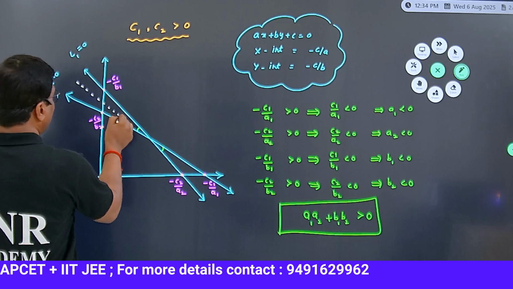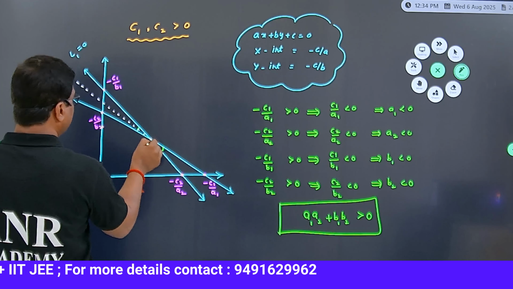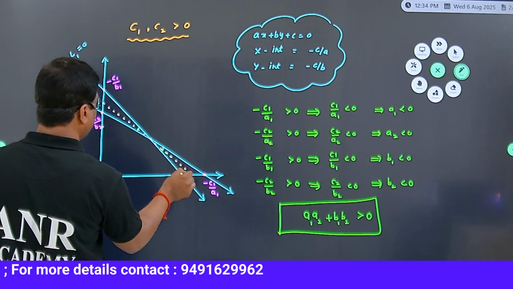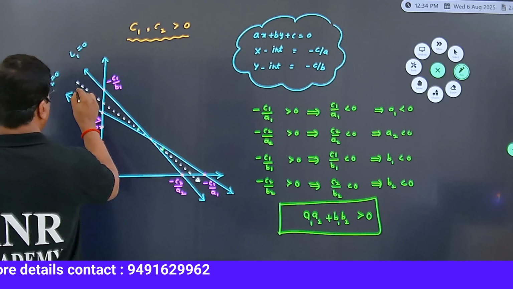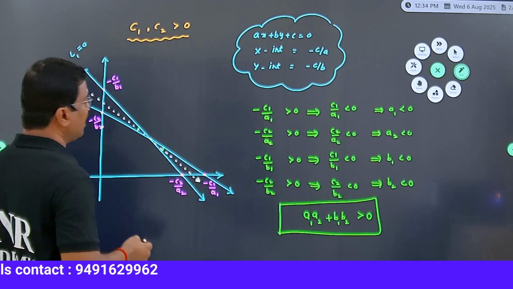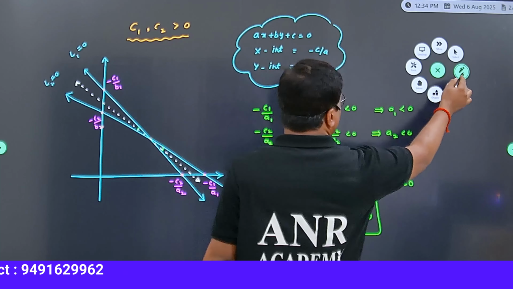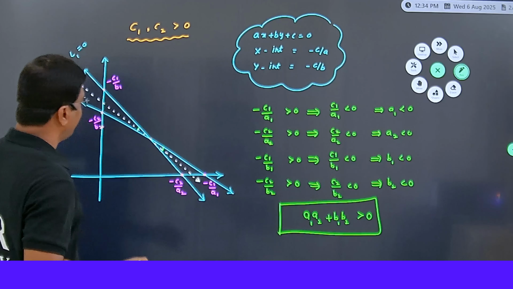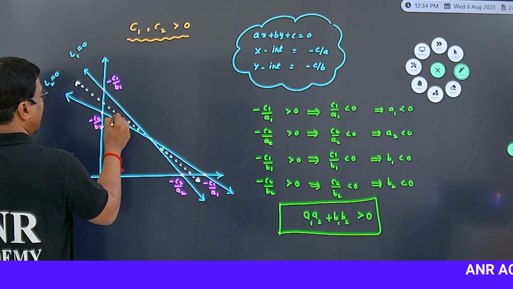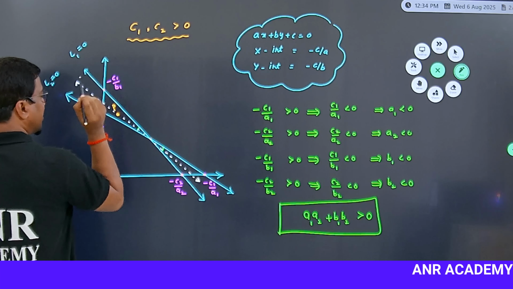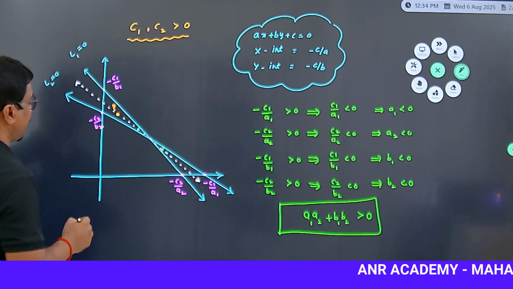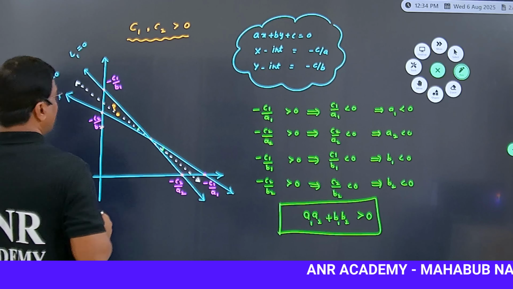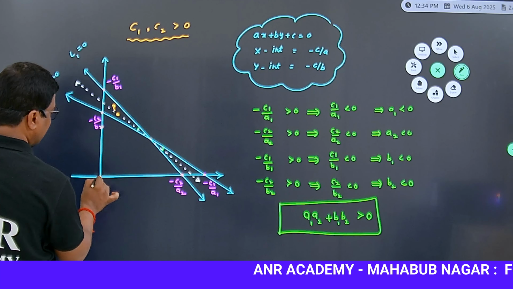This is the acute angular bisector. If I select a point P on the acute angular bisector, here I am going to select the point P, which is on the acute angular bisector. And here it is the origin.